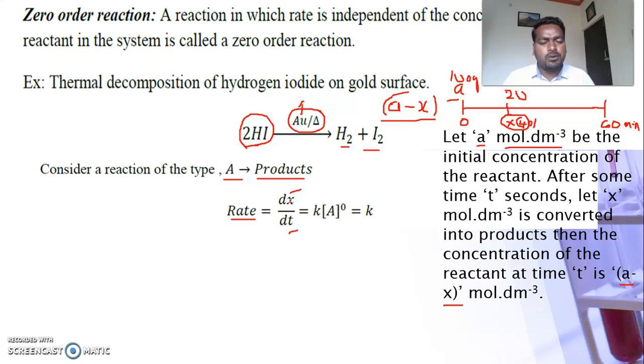So we denote it as dx by dt, which is proportional to k into concentration to the power n. Generally we take concentration to the power n, but here it's a zero order reaction, that's why A to the power 0. Then this whole term becomes 1, so dx by dt is equal to k.